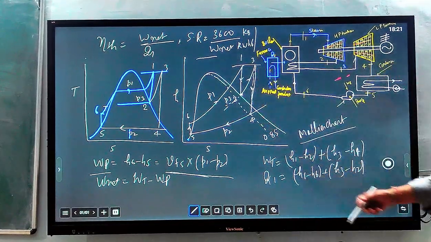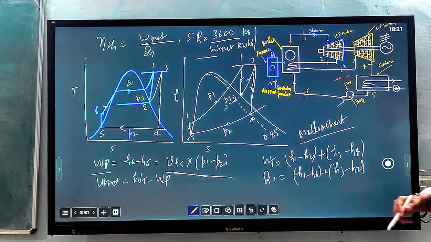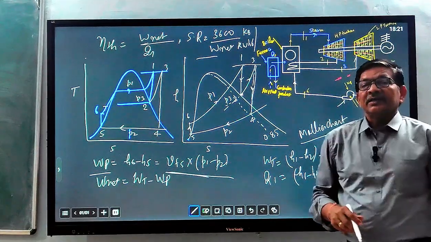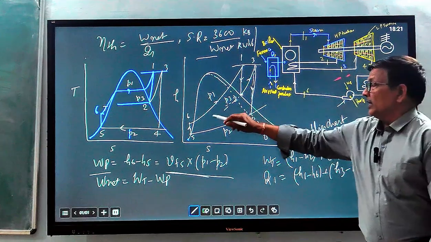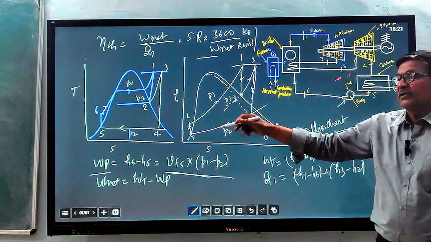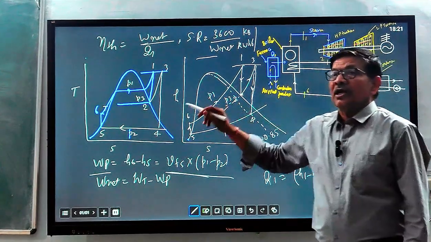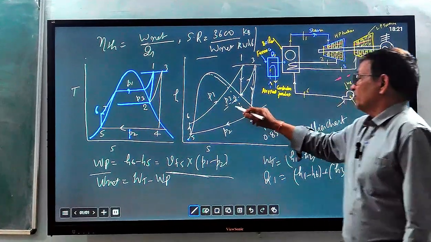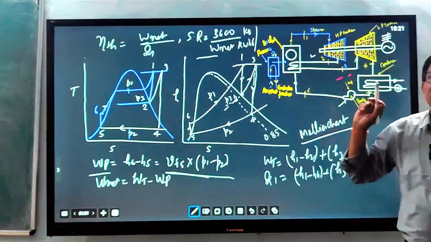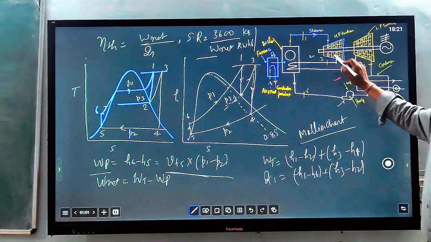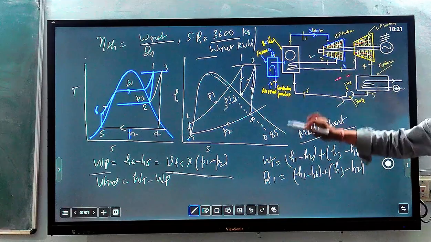All these equations that we have derived for the single stage are also applicable for the reheat cycle. The only thing that is changing here is that you can use a much higher pressure compared to single stage, even 10 times more pressure, because we are using two turbines. First turbine is a high pressure turbine, second turbine is a low pressure turbine.